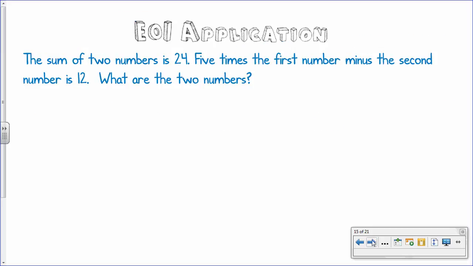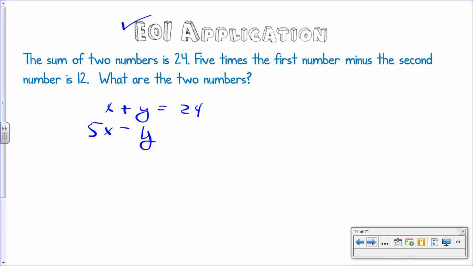The sum of two numbers is 24. This is an EOI. You might see this on the EOI or something similar to it, and how it relates to what we just went over. This is kind of a number theory problem too. Sum of two numbers, so how do I write that? Five times the first number minus the second number.